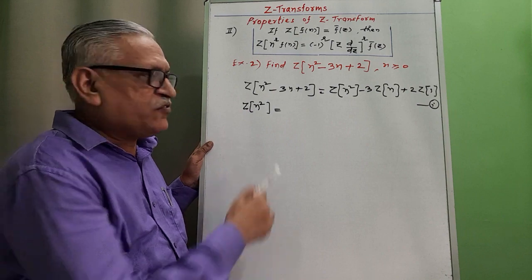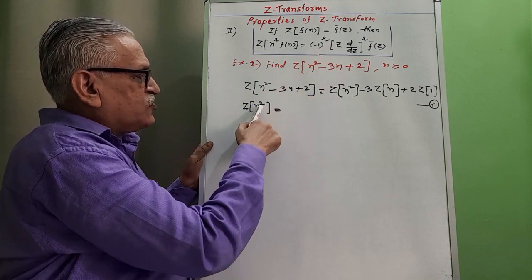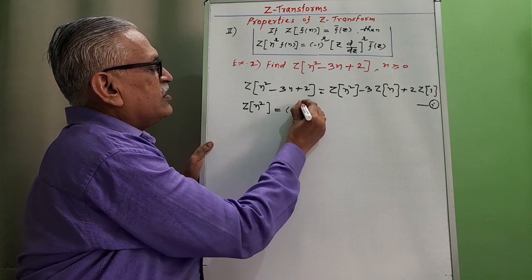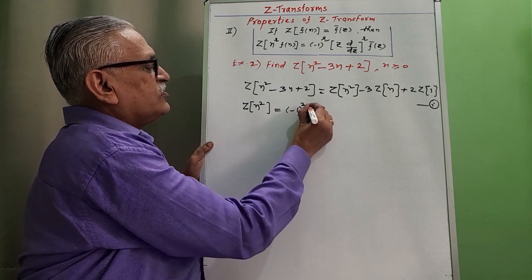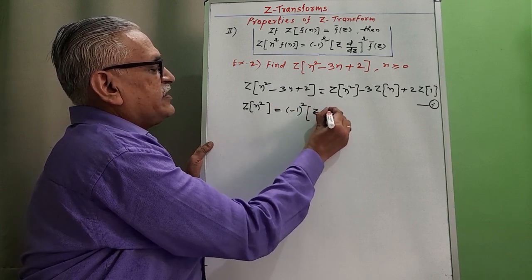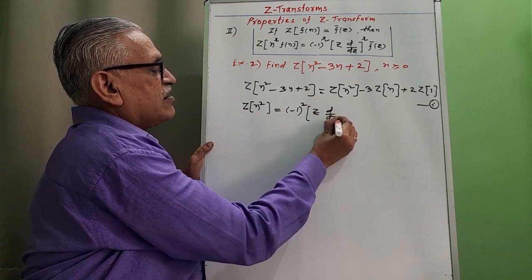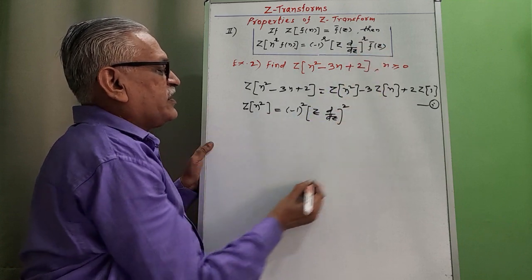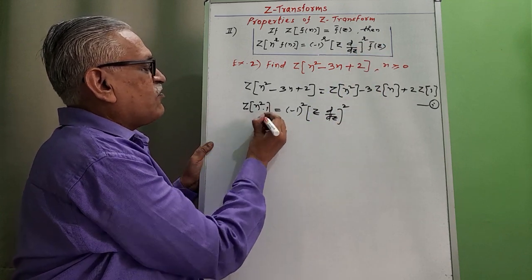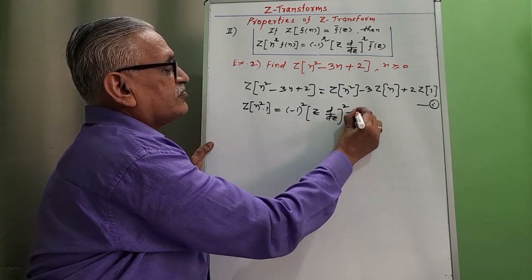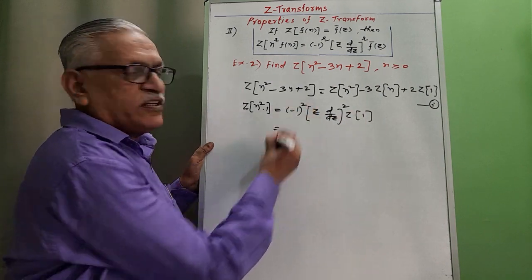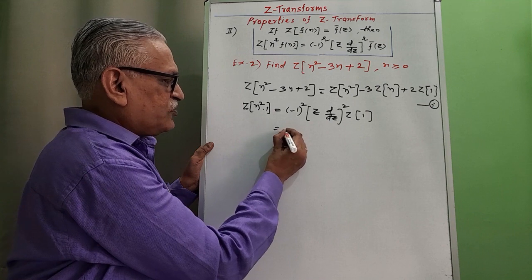Z transform of n square, where r is 2. As per this property, it is (minus 1) raised to r, where r is 2, z d by dz whole raised to 2, and f bar of z means the Z transform of 1. Then minus 1 raised to 2 is a plus sign, positive sign.